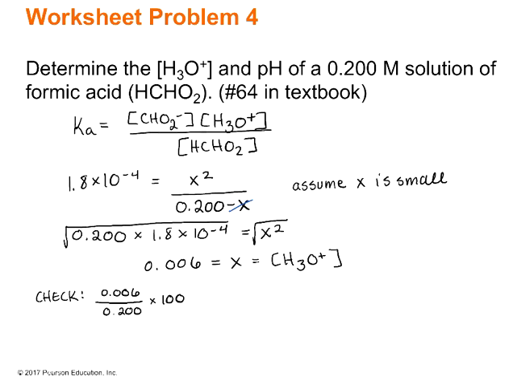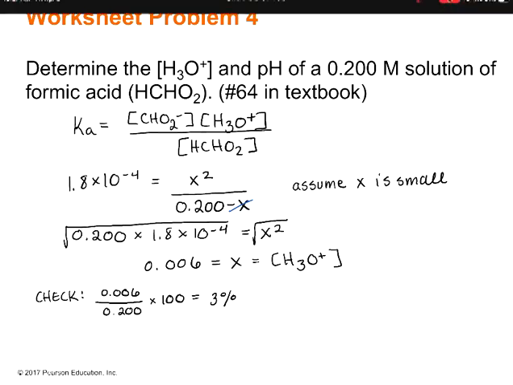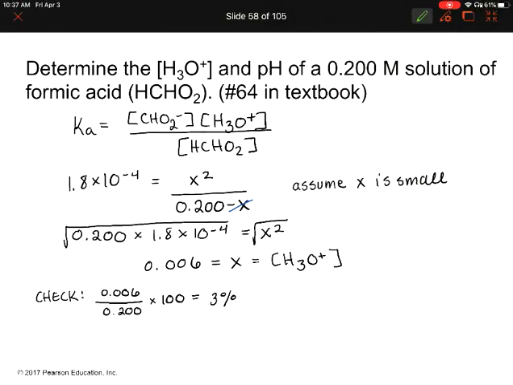So we have 0.006 divided by 0.2 times 100. And remember that for the assumption to be valid, the percentage should be 5 or less. Now when we calculate this, we get a value of 3%. So that means that our assumption is correct.